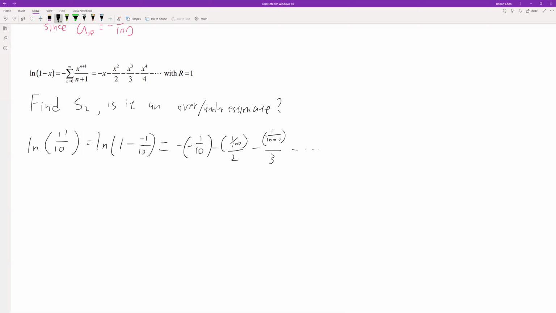So that will be 1/10 minus 1/200 plus 1/3000, and so on.